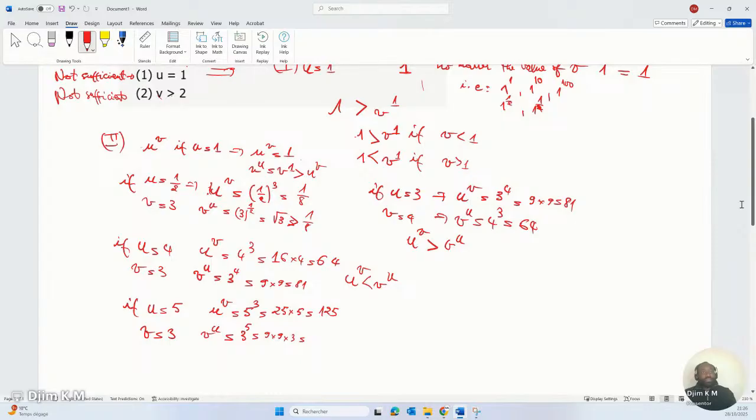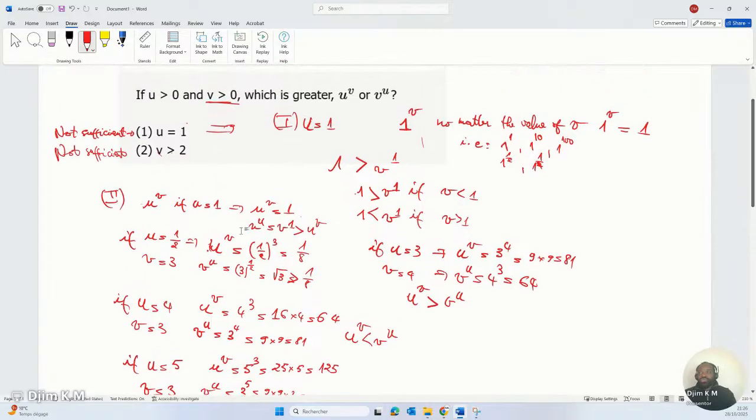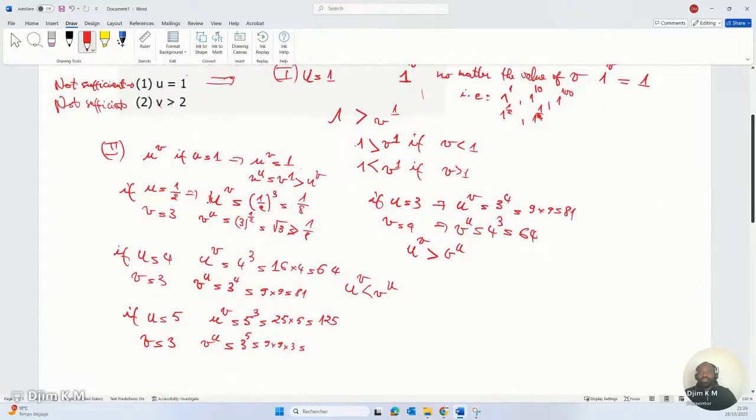But if we combine the two, which tells us that u is 1, v is more than 2. So definitely u to the power v will be equal to 1, and v to the power u will be equal to v.